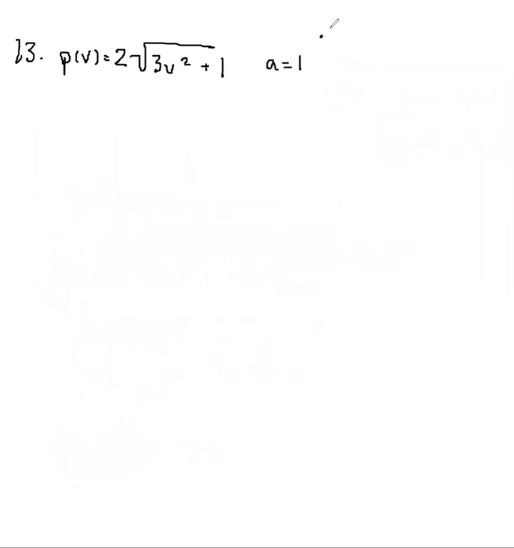So we're looking for f of a exists, or okay, what was it? It was f of a is defined, then the limit as x approaches a of f of x exists, and then those two are equal.